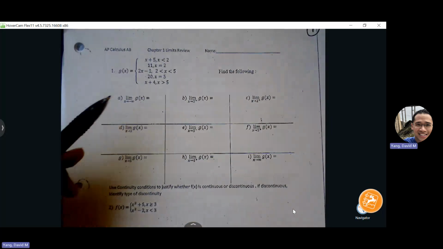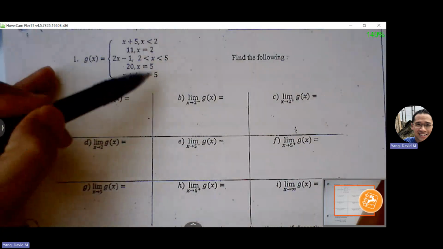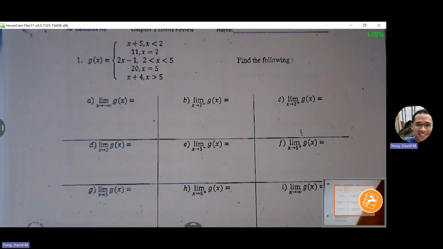So if we're approaching positive infinity or approaching 2 or 3 or whatever these numbers are, we have to first look at the restriction, figure out where on the graph we're looking, and then we can pinpoint which expression to use to go through our evaluation.